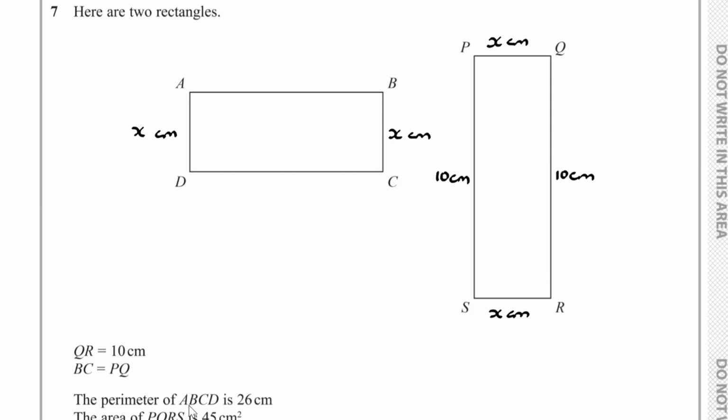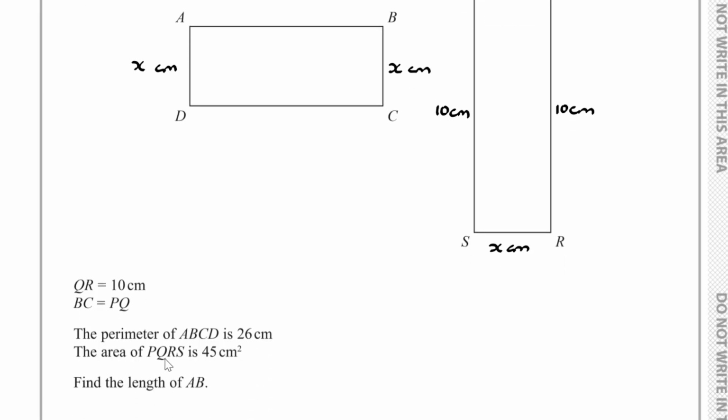The perimeter of ABCD is 26 centimeters, and the area of PQRS is 45 centimeters squared, and we have to find the length AB. Now we don't know what AB is, but if we call this length Y centimeters, because we have a rectangle, DC will also equal Y centimeters.